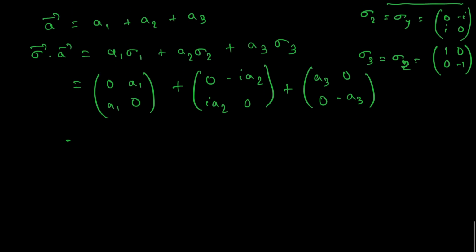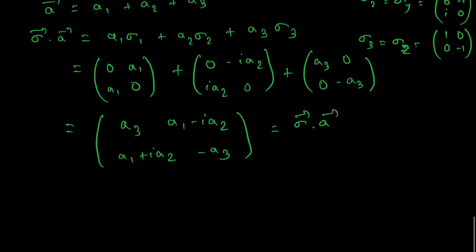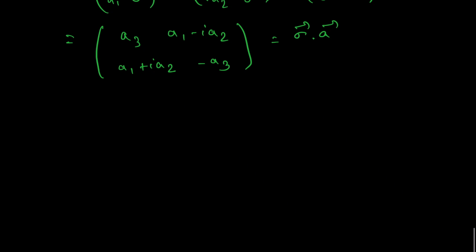Now if we add all these matrices, we get A3, A1 minus iA2, A1 plus iA2 and minus A3, which is our value of sigma dot A. Then we have another element, which is A naught I, where I is just the identity matrix of 2 cross 2 order, given by 1 0 0 1.